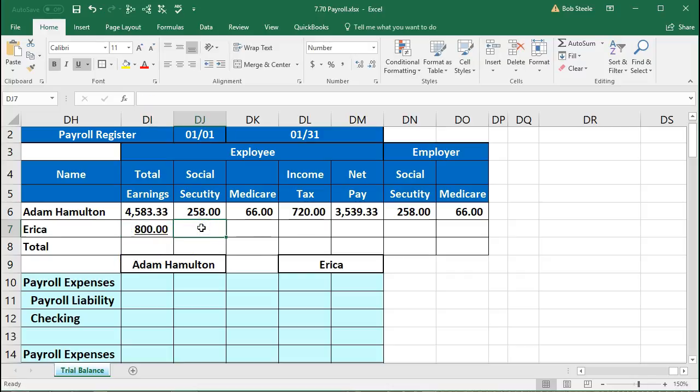Social Security would be a flat tax, the 800 times some type of flat rate. These calculations, by the way, are what the system would calculate for us if we were to purchase the calculation of the system within QuickBooks, depending on the type of system that we set up. QuickBooks typically is pretty good at calculating Social Security and Medicare, because it's standardized through the whole country.